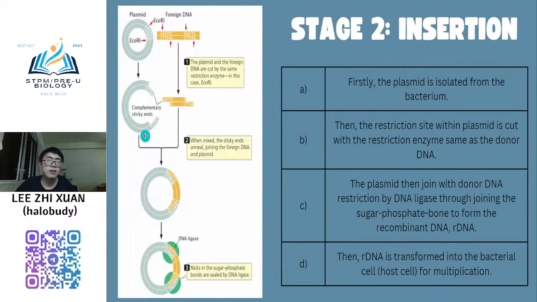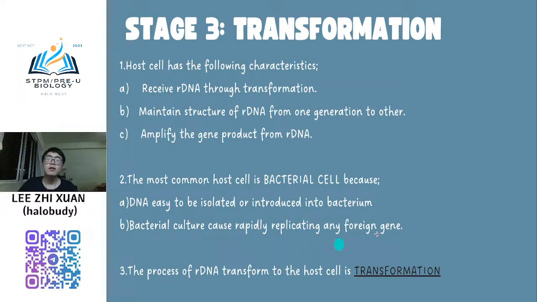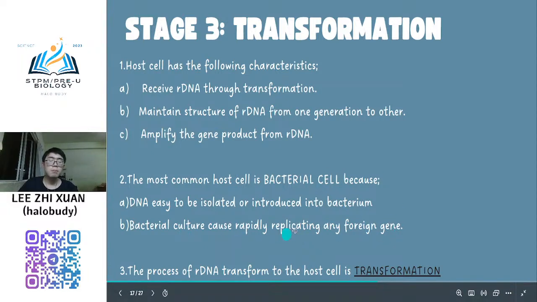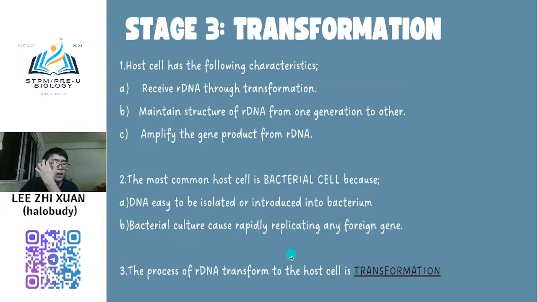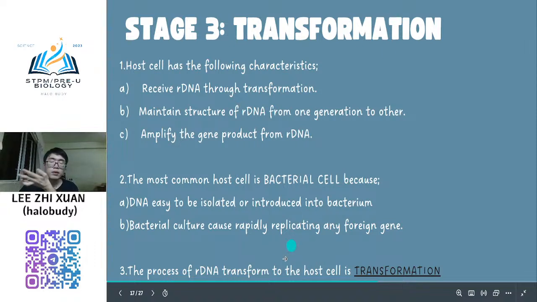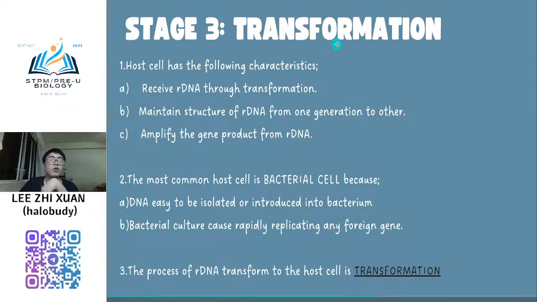So like this, a normal bacterial cell would not produce the trait that can make us handsome. So from now, it can already produce the trait that can make us handsome. So it means this host cell can replicate rapidly. And also the process of transferring recombinant plasmid into the host cell is called transformation.